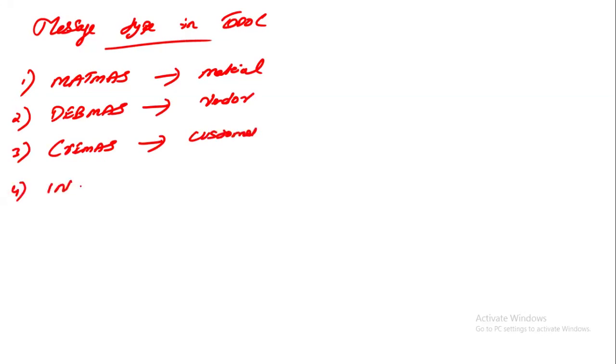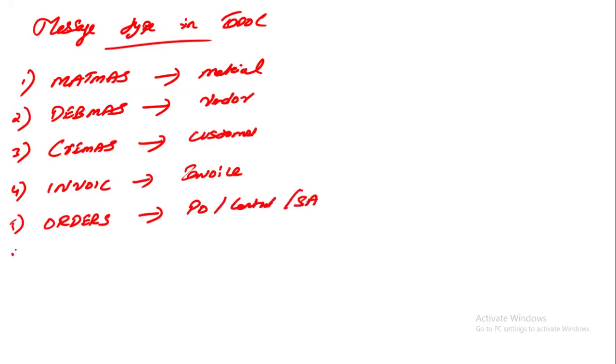You have INVOIC, this is for invoice. You have ORDERS to send the PO or contract or schedule agreement. Then you have ORDRSP, which is used for order confirmation. Okay, so these are the message types.